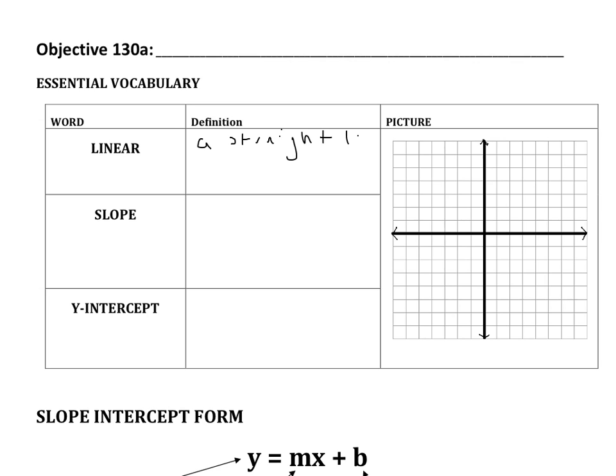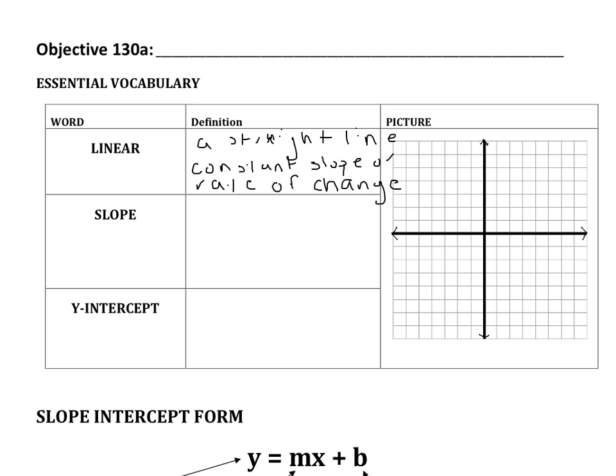This straight line also has a constant slope or rate of change.